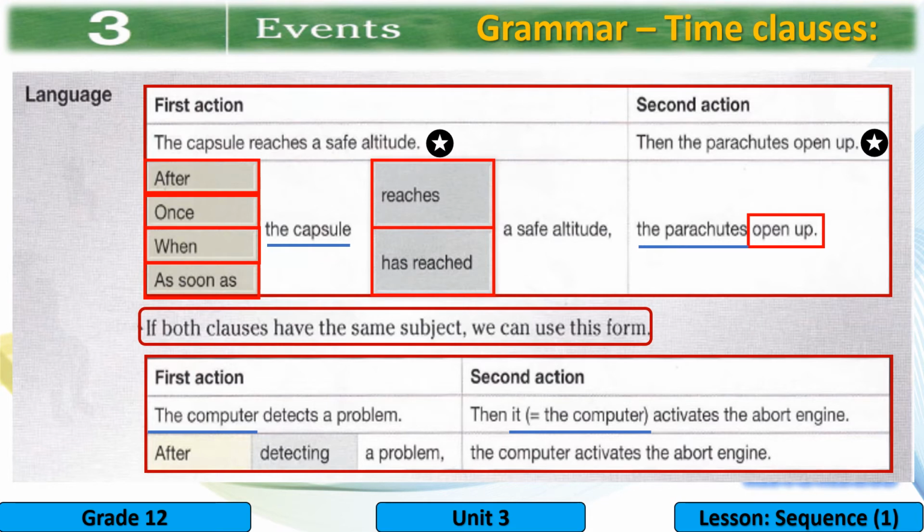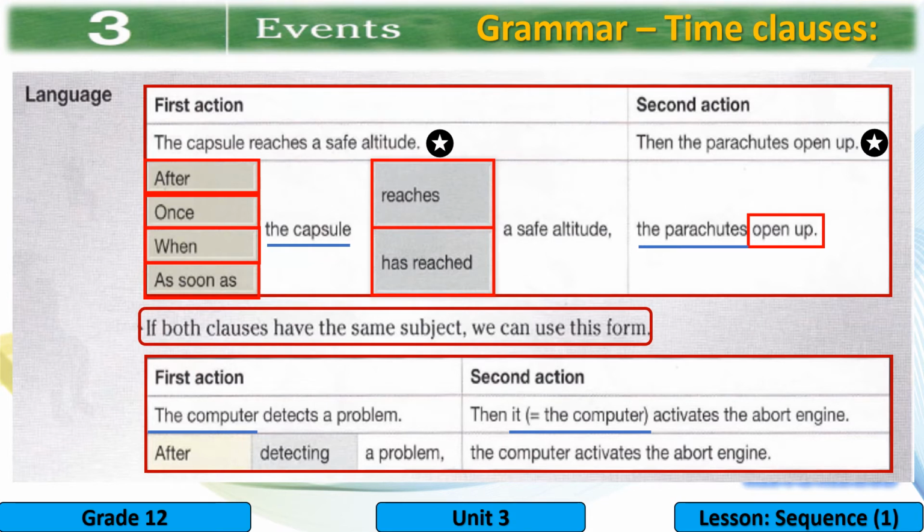In this case, if we want to join the two clauses together, we have the following form. After detecting a problem. So what happened to the subject in this sentence? Excellent.